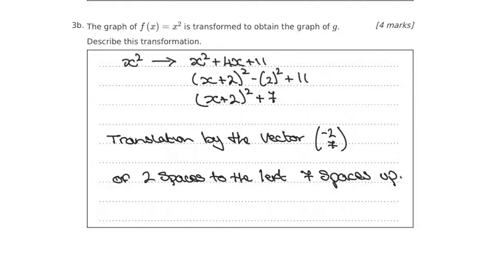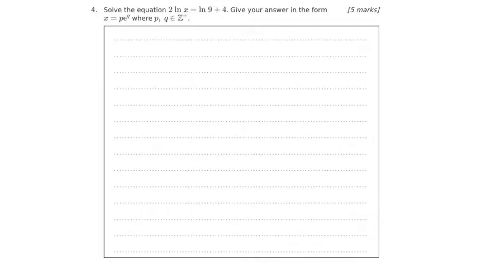Question 4. Solve the equation 2 log x equals log 9 plus 4. Give your answer in the form x equals p e to the power of q. P and q are positive real numbers. So 2 log x is equal to log x squared.